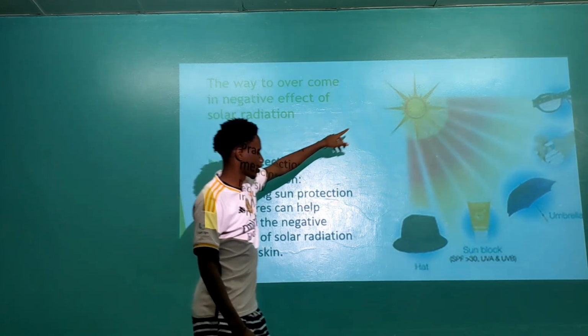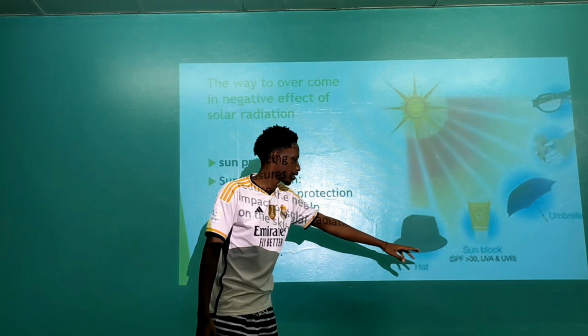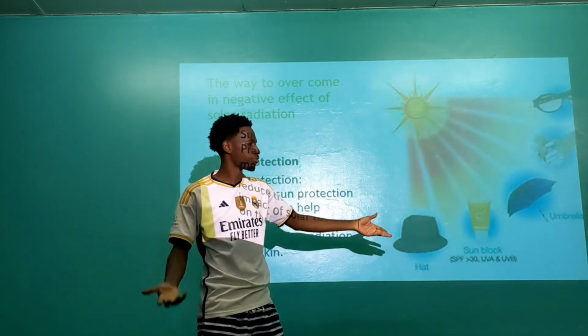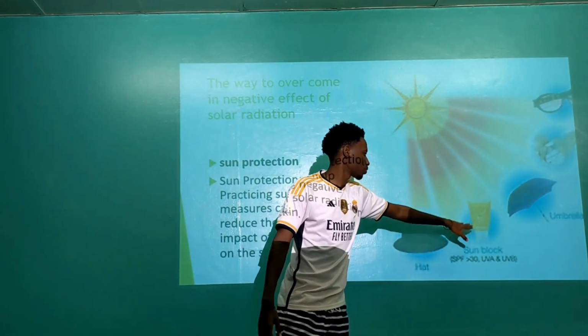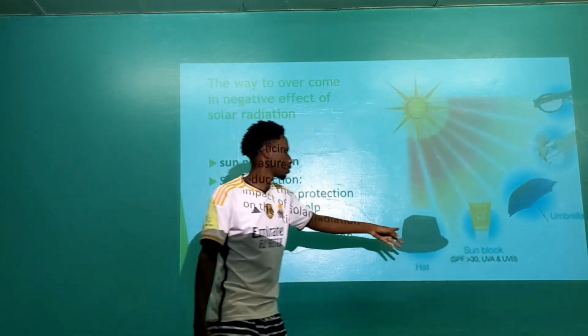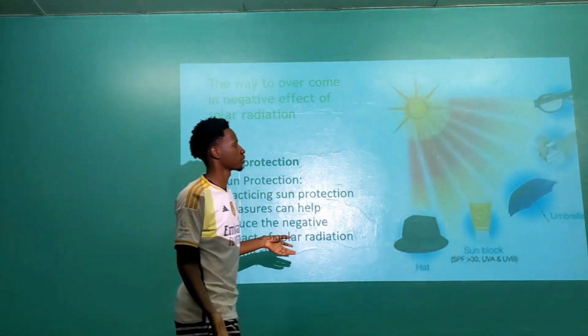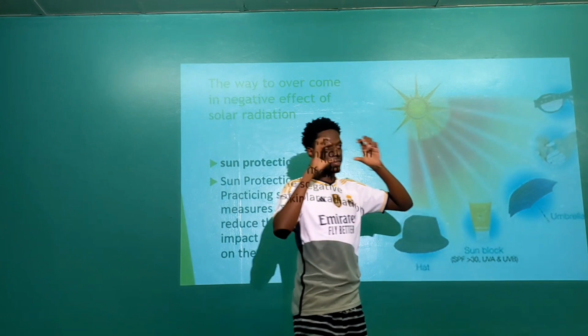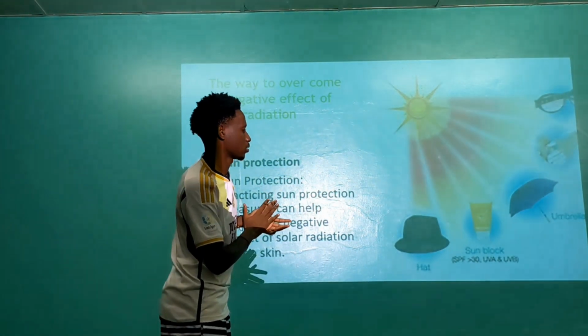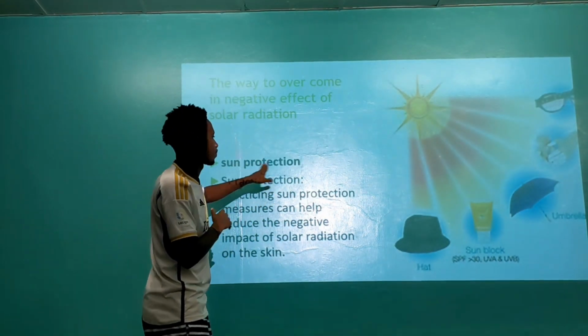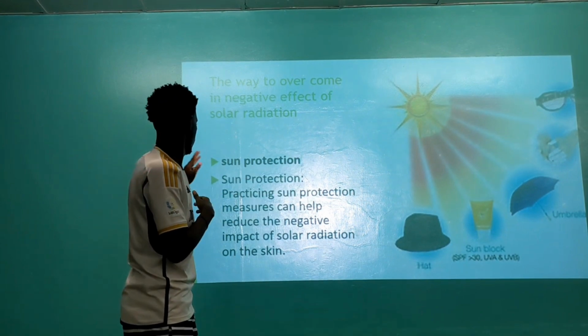As we can see here, an individual can wear a hat. Also, an individual can use sunblock or sun goggles. Sun goggles are like lenses that protect us from the sun. Also, in sun protection, you can use an umbrella.